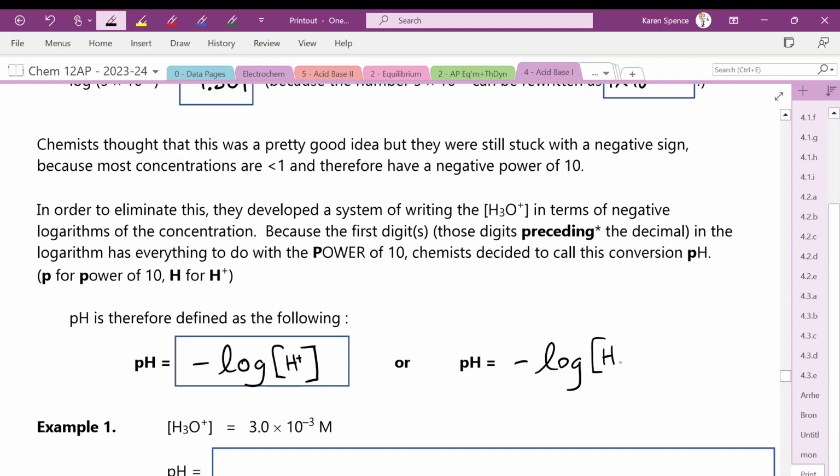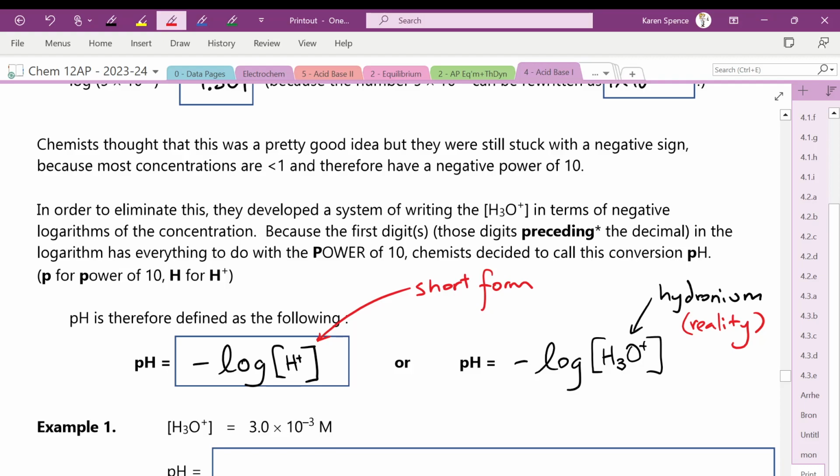Instead of hydrogen, you could use hydronium, because hydronium is reality. This one is the short form.